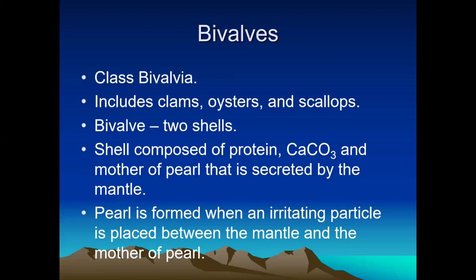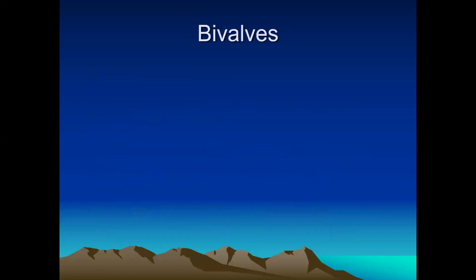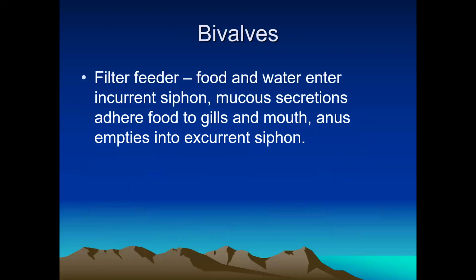Okay, so between a class bivalve and a human. These are filter feeders. They attach, or are carried along by currents, or scoot along bottom areas of the body of water that they're in, ocean, lake.